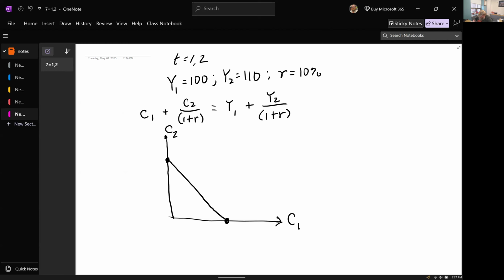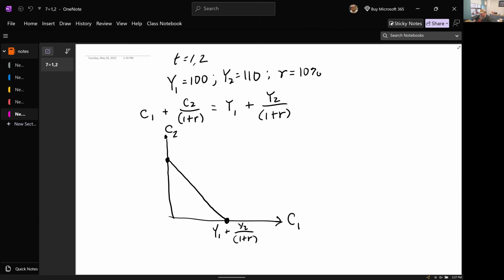And so if we ask ourselves, what's the most amount of C1 that I would have access to, it's going to be the amount of C1 that I could purchase with my current income plus the discounted value of future income. And so that's going to be y1 plus y2 divided by 1 plus r.